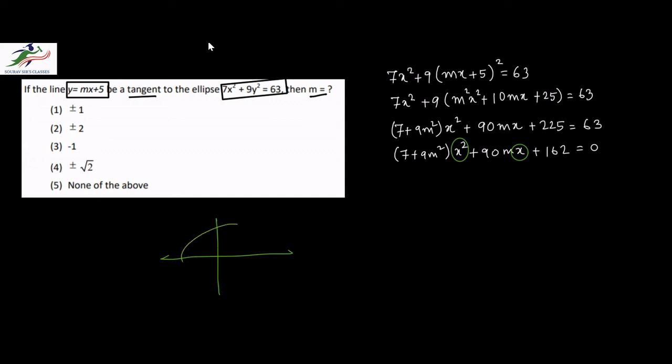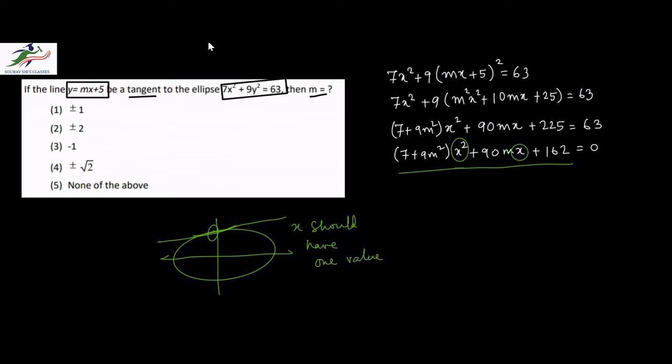Now, if the line has to touch the ellipse at one point, that is, if the point has to be unique, then the values of x or the roots of the equation of x from this equation has to be unique, or x should have one value.